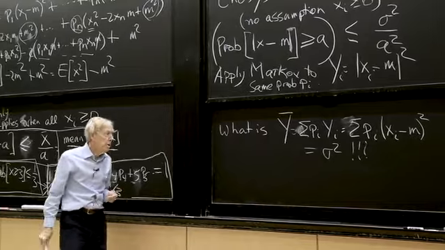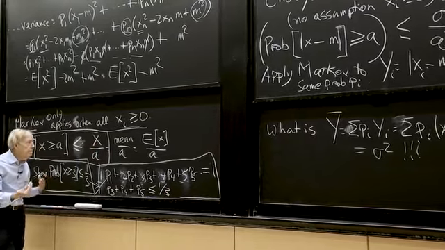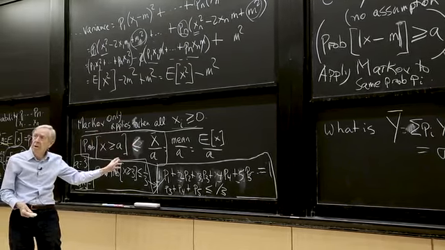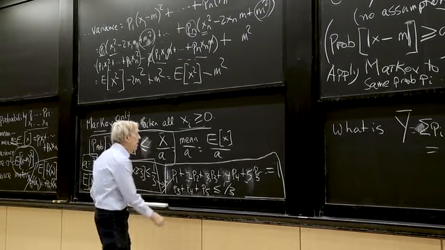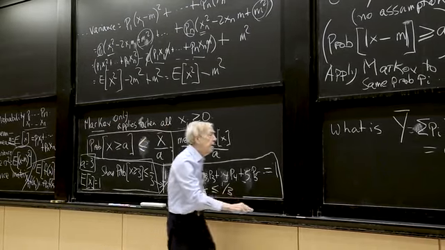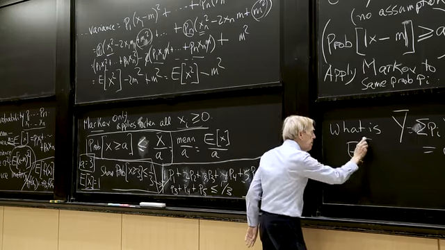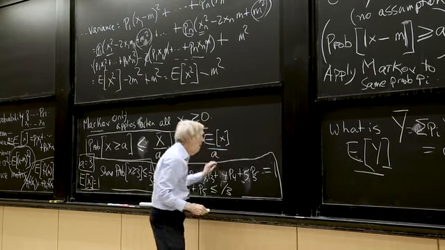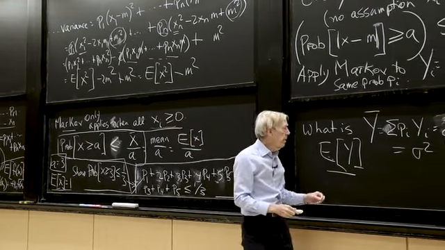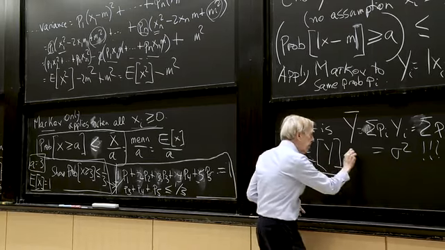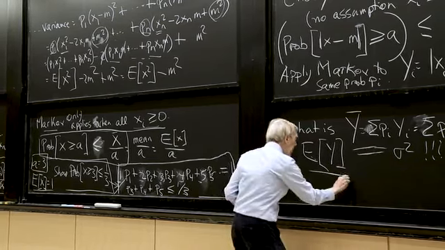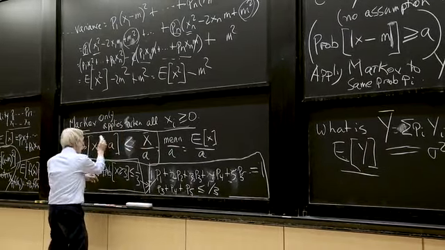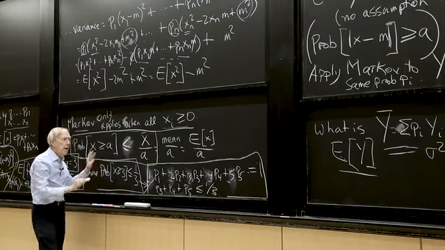Okay, so then do you see that now Chebyshev is looking like Markov? Because over here, now I want the expected value of y over the, let's see. Yeah, so the expected y is going to be that. And now what do I have to divide by? I want to know probabilities of this thing being bigger than a.